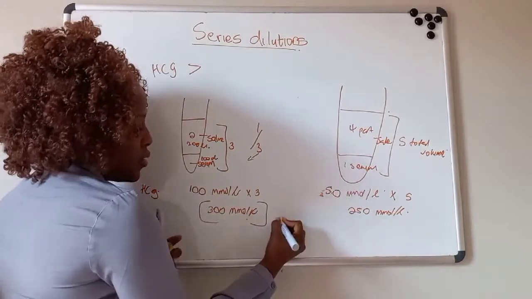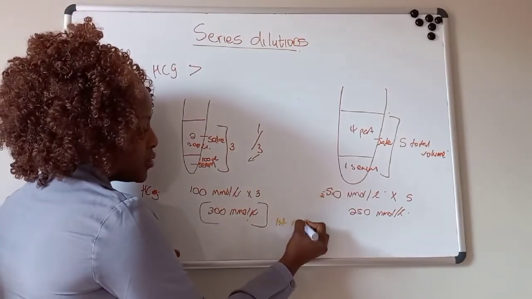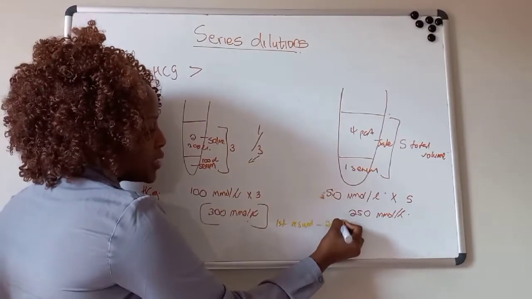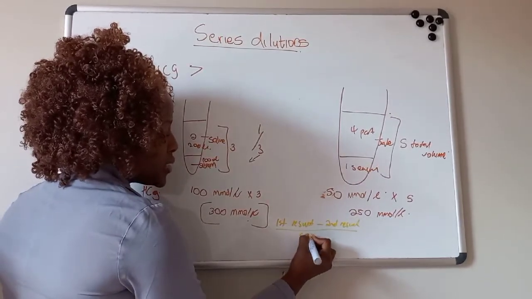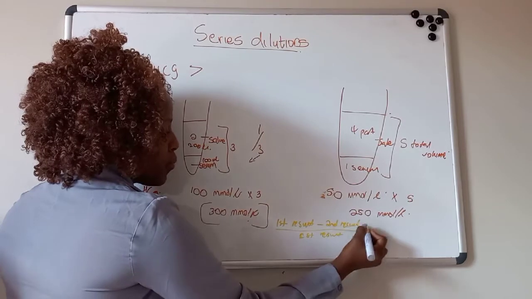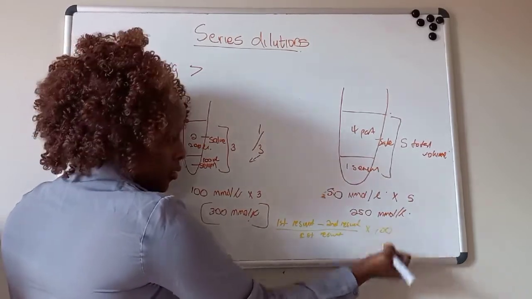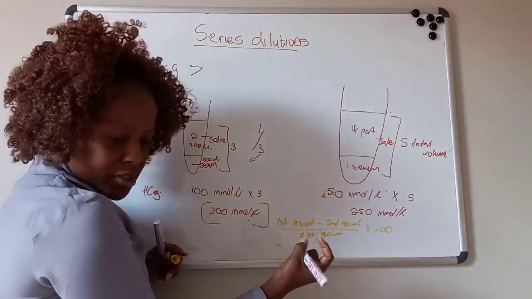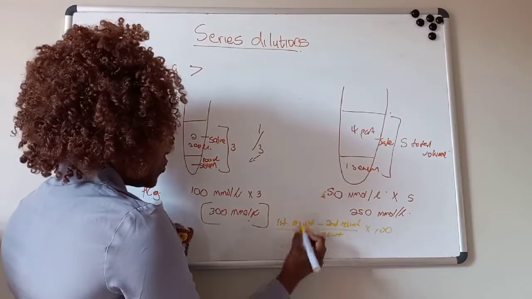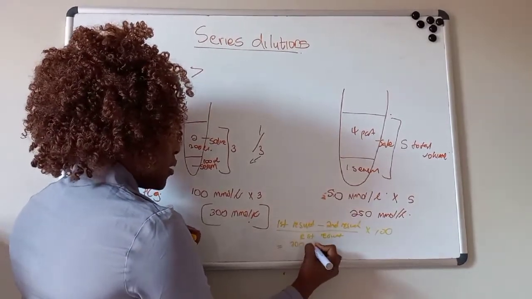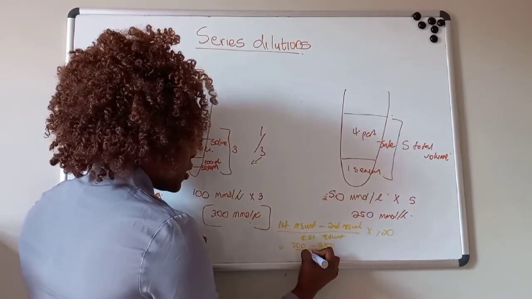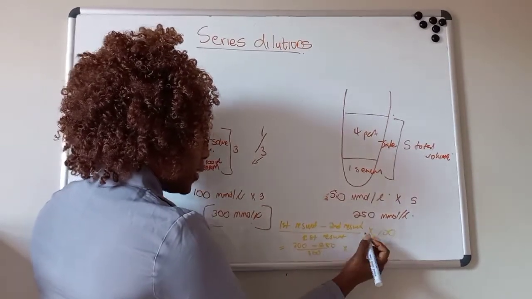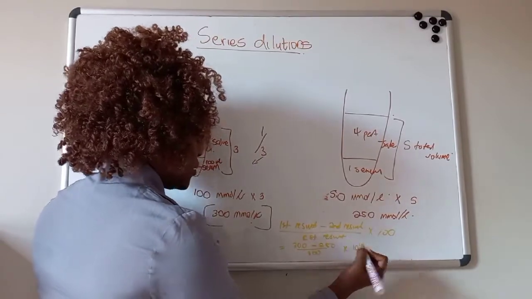You will say first result minus second result, divide by first result, multiply by 100. Then you're going to substitute. It's going to be 300 minus 250 over 300 multiplied by 100.